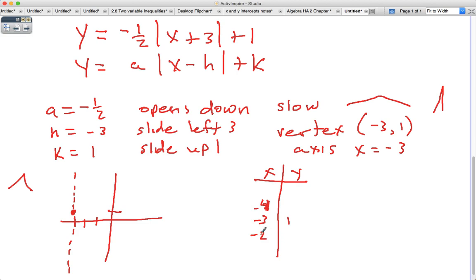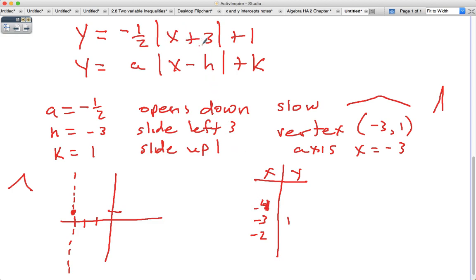I'll start off with negative 2. Negative 2 plus 3 is what? Negative 2 plus 3. So maybe I want to start with negative 4. Or maybe I want to start with 5. That will give me something I can multiply a half by.